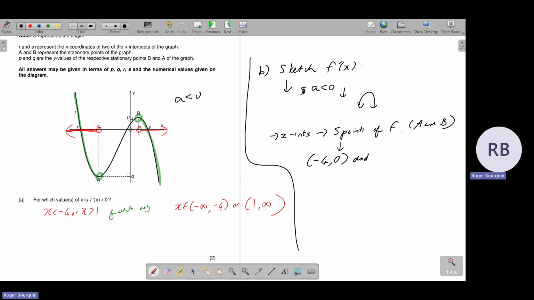Okay, that makes sense. So -4 and what's this? -2. No, 1. Yes. 1 will be the x-intercept of the parabola.